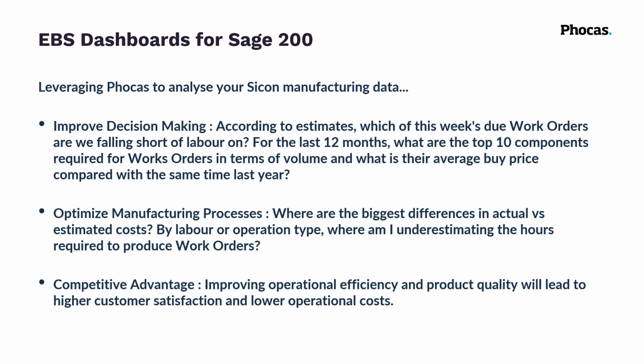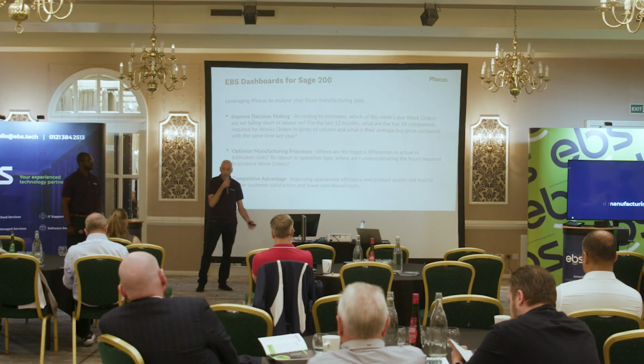So in order to leverage that functionality that we've got within Phocas, you can create your own workspaces with your dashboards, so very much a self-service tool. You can go in there and create your own views and your own reports ad hoc. And you've also got the ability to drill into that information as well. By that, I mean that could be sales, it could be stock, it could be purchasing. But in this case, we started to look at how we can analyze your manufacturing data too.